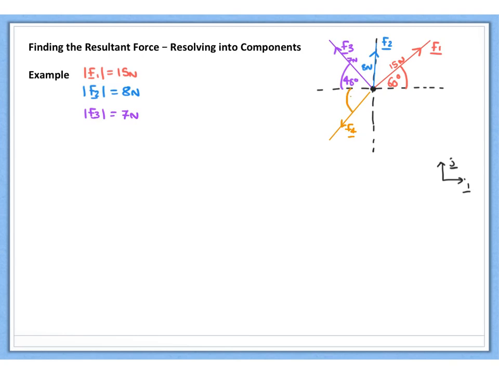And it is an angle of 76 degrees and it is 6 newtons. So mod F4 is equal to 6 newtons. Now, what's left? We've got force F5, which is going to be in this direction over here. And that is of magnitude 12 newtons, and the angle there is going to be 30 degrees.